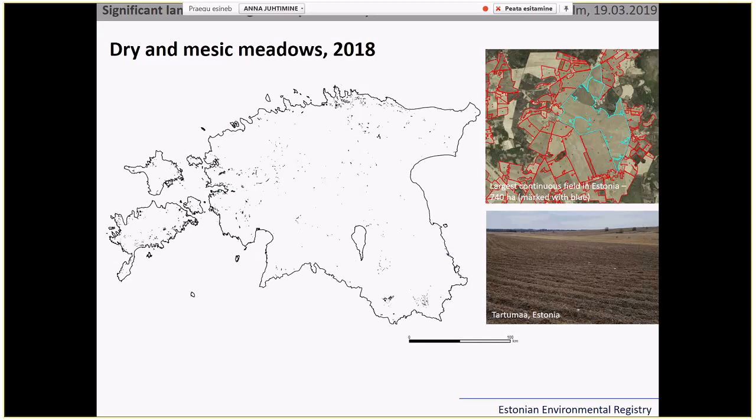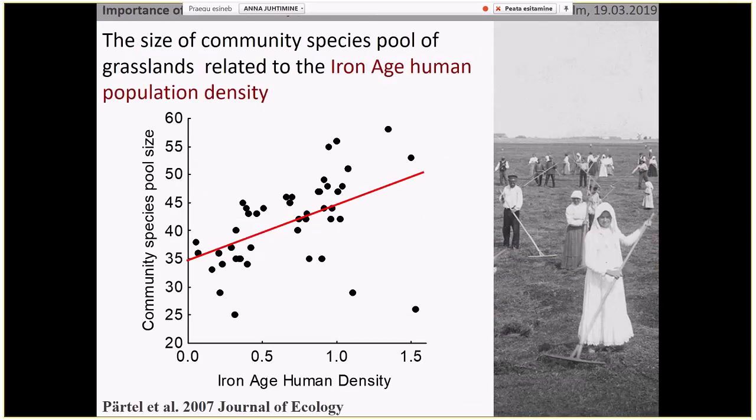And there are, of course, implications and ecological knowledge that we have to take from this as well. For example, if we look at our preserved grasslands nowadays, these grasslands that are still left, they bear a memory from the past.